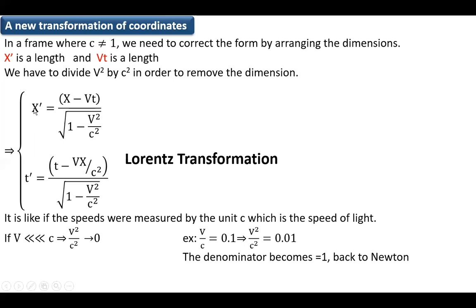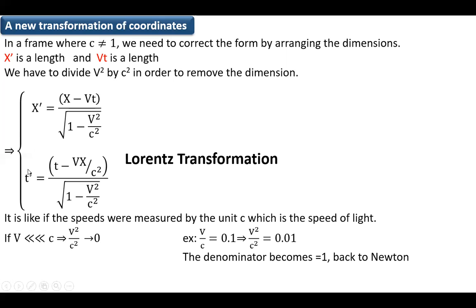So x prime is a length, x minus vt is a length, so a length is equal to a length, so there's no problem here. When you divide v squared by c squared, it has no dimension, so you have a length that is equal to a length. So we just divided by c squared.